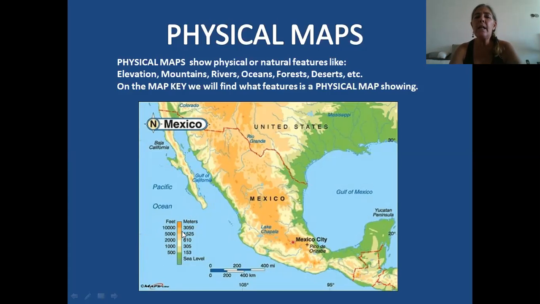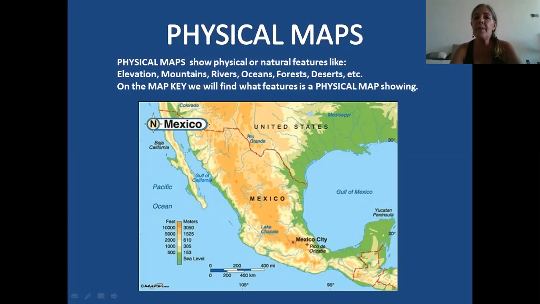So the key is telling us that in orange, we're going to have the highest elevations, and in green, we're going to have the sections that are at sea level. So this is a map of the elevations of Mexico with the key that indicates all these elevations in different colors. Okay, so this is an example of the physical map.